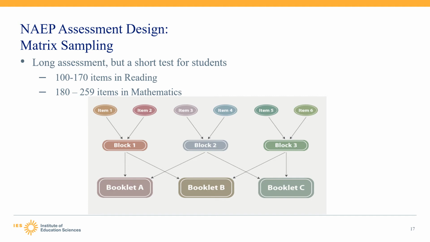The figure shows how cognitive items are assembled into blocks and then blocks into booklets. As you can see in step 1, items are selected. In step 2, items are paired to develop a block of items, that is, item 1 paired with item 2 in block 1, item 3 paired with item 4 in block 2, and item 5 paired with item 6 in block 3.